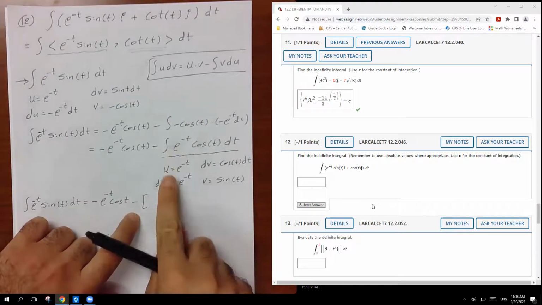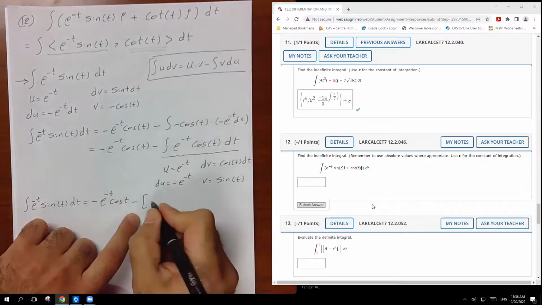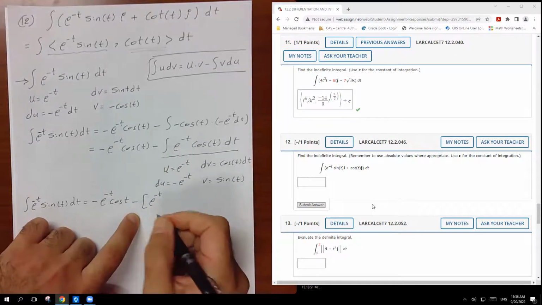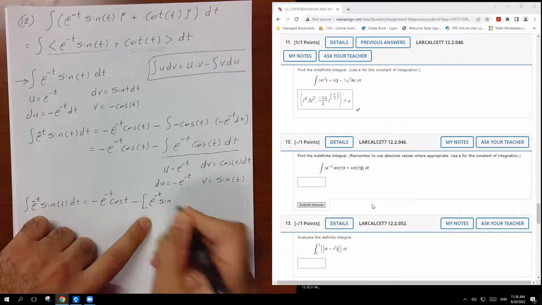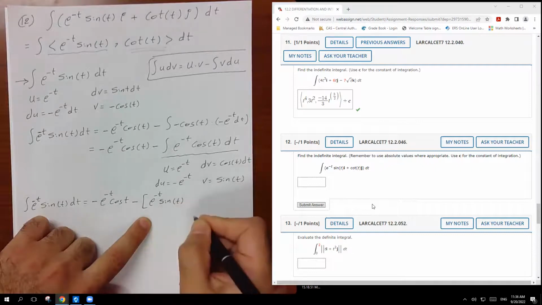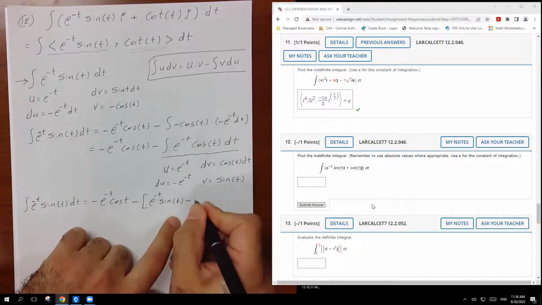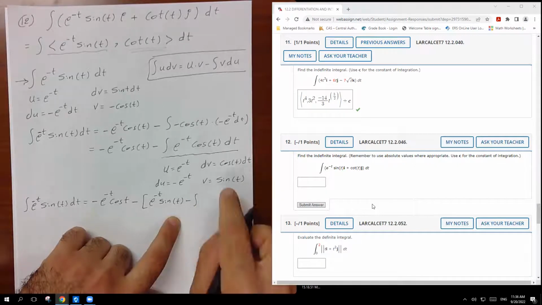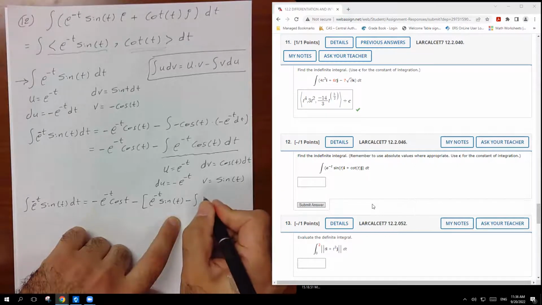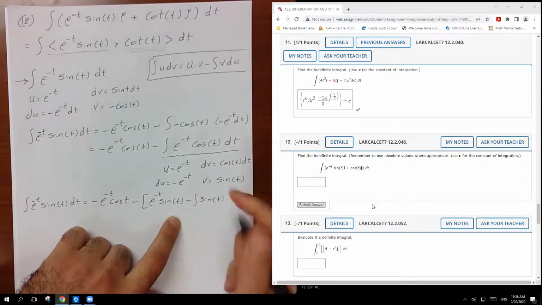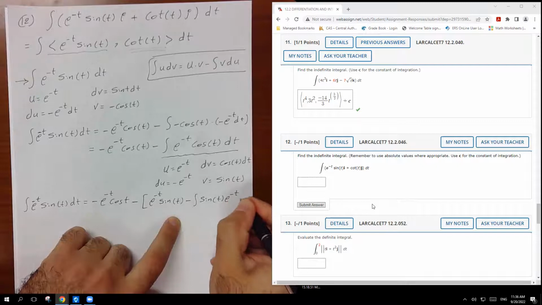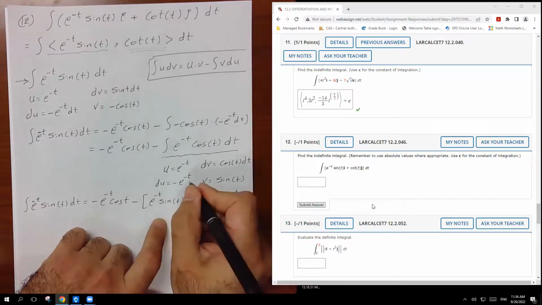So this one is going to be uv, that means e to the negative t and v, which is sine t, minus the integral of v, sine t, du, which is e to the negative t dt.